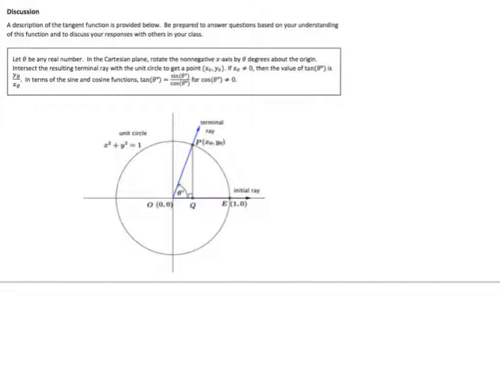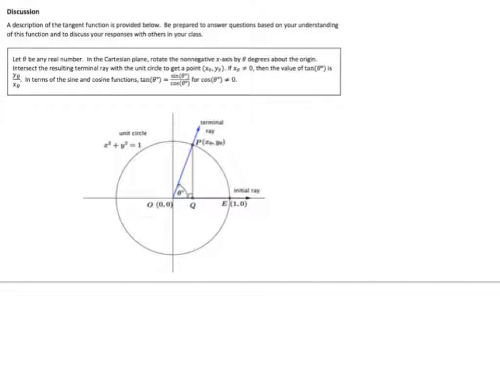Okay, x theta can't be 0. That means that my terminal ray can't be directly vertical. This is where x would be 0. That doesn't work for tangent. So x cannot equal 0. Then the value of tangent theta is y theta over x theta.